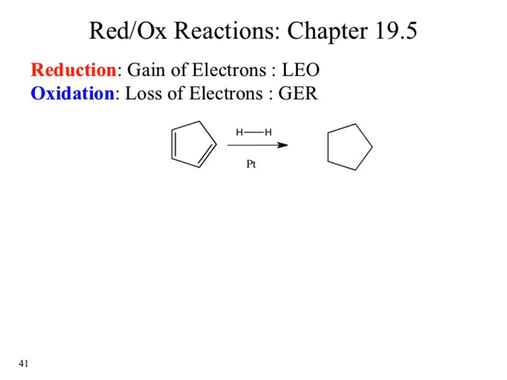The next part is looking at our reduction and oxidation reactions. As we learned from Gen Chem, we've got gain of electrons and loss of electrons. Of course, I have those organized backwards. So we switch that. Gain of electrons is reduction. Loss of electrons is oxidation.